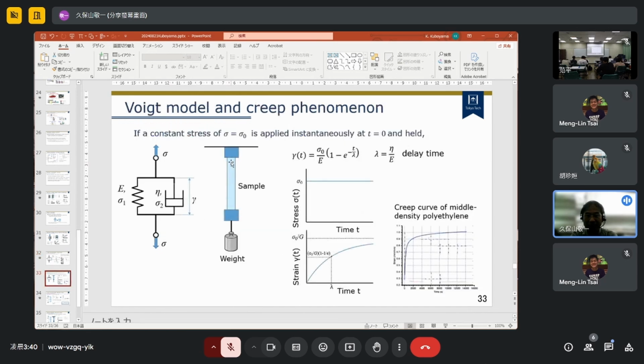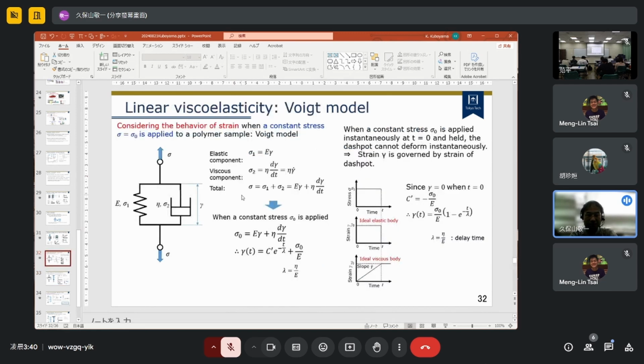Maybe you can easily imagine that the polymer film gradually elongates. Such behavior can be explained by the Voigt model. The Voigt model is like this, a parallel model of the spring model and the dashpot model. From this model, you can make an equation for each part.